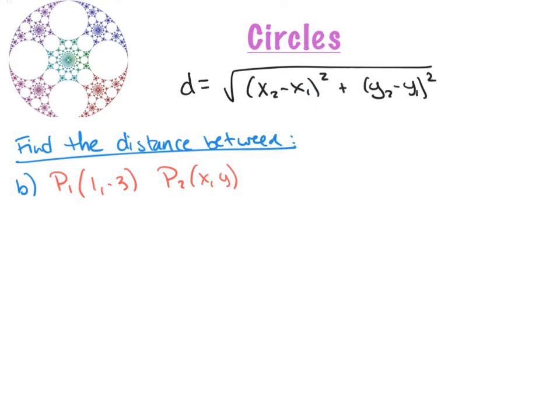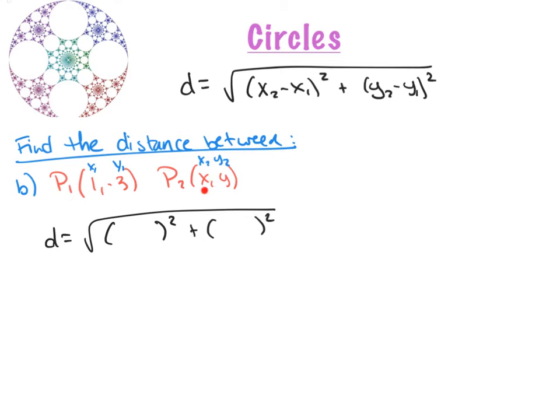Let's label these guys: this is going to be x1, y1, and x2, y2.